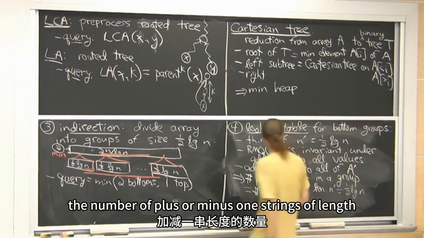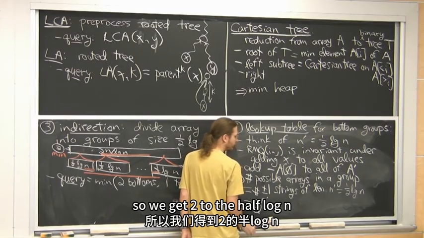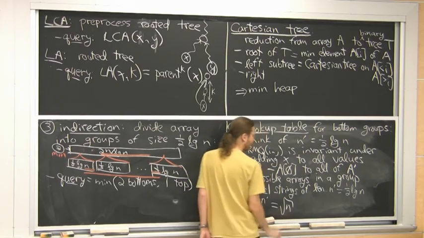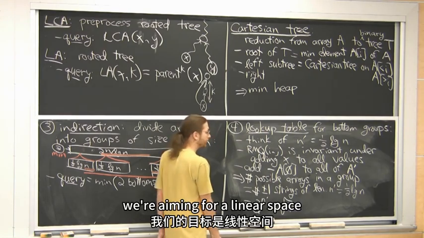And the number of plus or minus 1 strings of length n prime is 2 to the n prime. So we get 2 to the half log n, also known as square root of n. Square root of n is small. We're aiming for linear space.